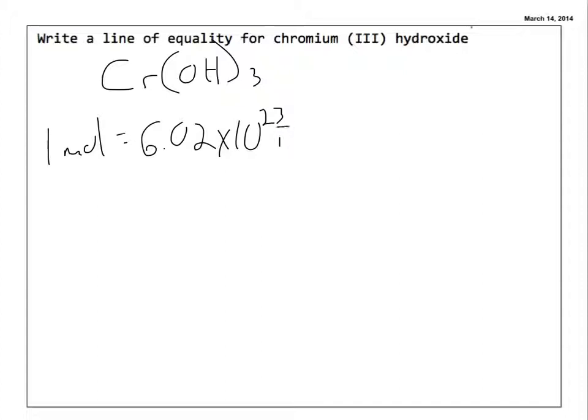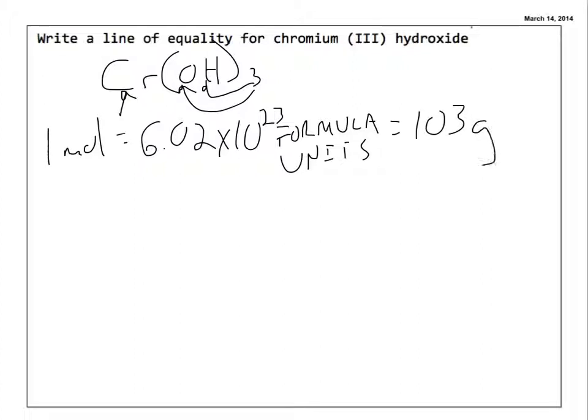This would be formula units because it's an ionic compound. Equals, what is the molar mass? Well, you'd have to add a chromium and then 3 oxygens and 3 hydrogens, and that would be a total of 103 grams when you add that all up.